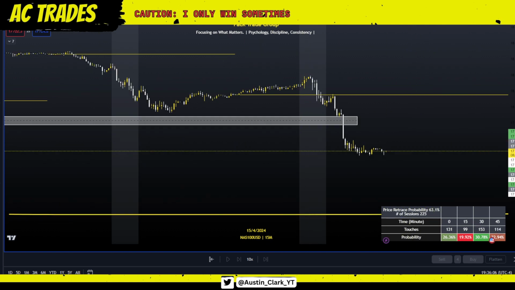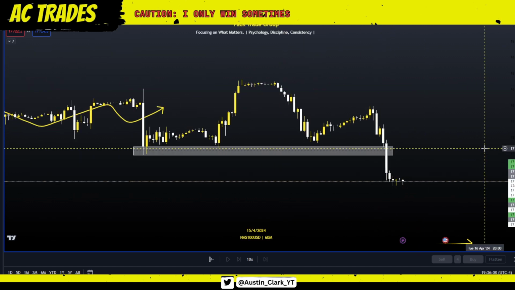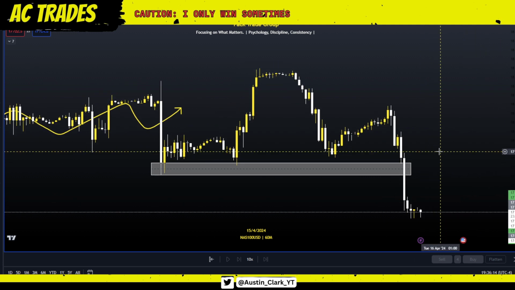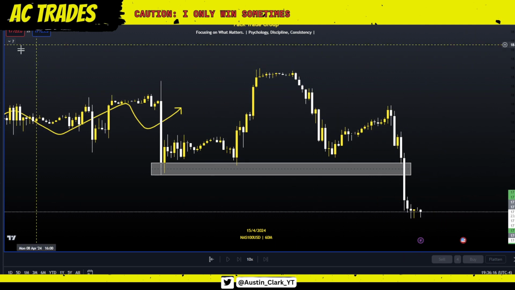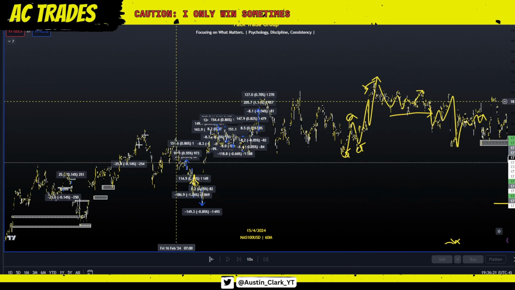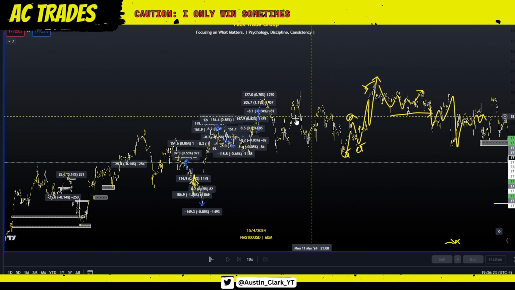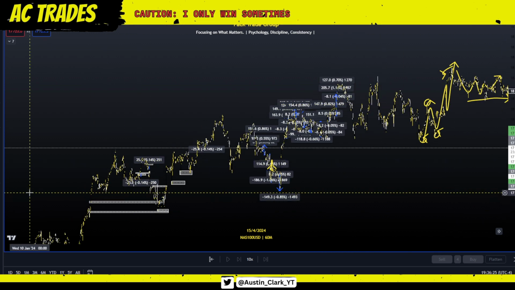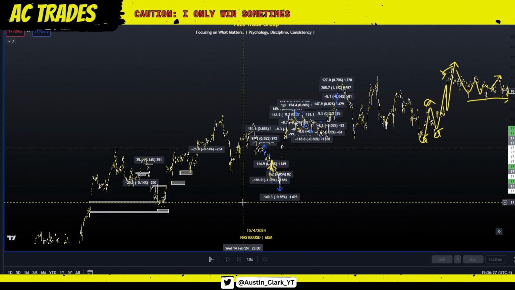So now going to the hourly time frame, let's put this all together. What's cool about this indicator is that on the hourly time frame, you can go back in replay mode. You can go to the beginning of your chart, go into replay mode, drag it all the way back to the beginning, and then you'll get another 2.8 years of data.